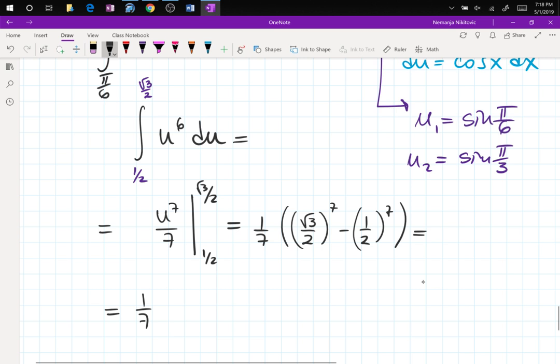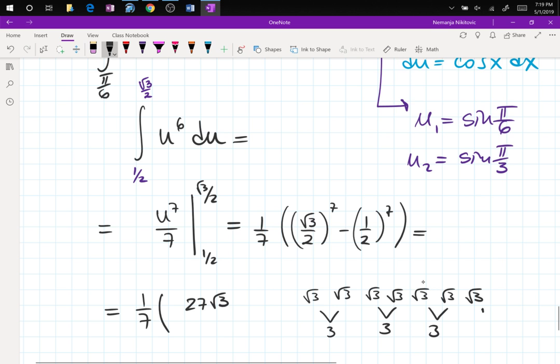So now I have 1 over 7 times root 3 to the 7. Every 2 root 3's are creating a 3. So I have 3 of those pairs. That's 27 root 3. Right? Root 3, root 3, root 3. Why am I doing this? I regretted it as soon as I got here. So these two create a 3, these two create a 3, these two create a 3, and this one has no pair. So 3 times 3 times 3 is 27 root 3, because you're raising to the 7.